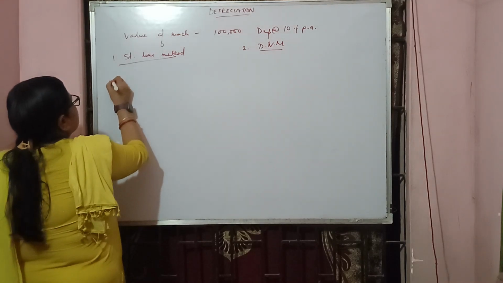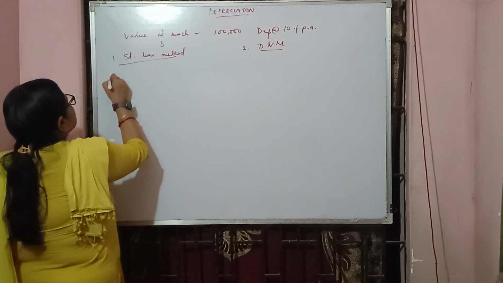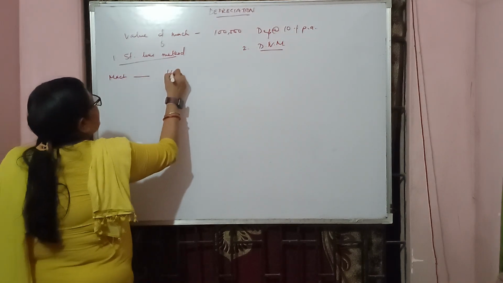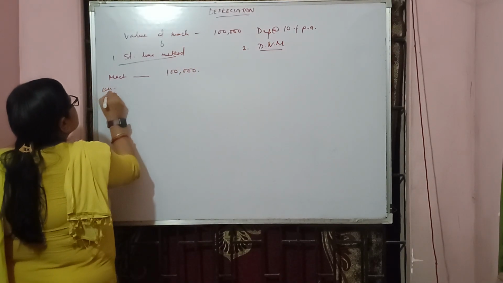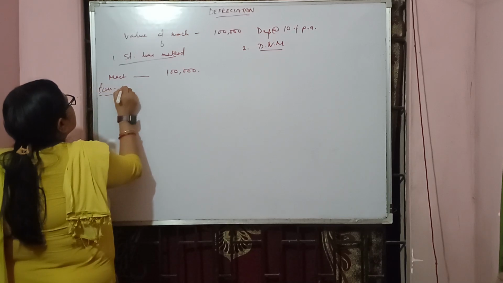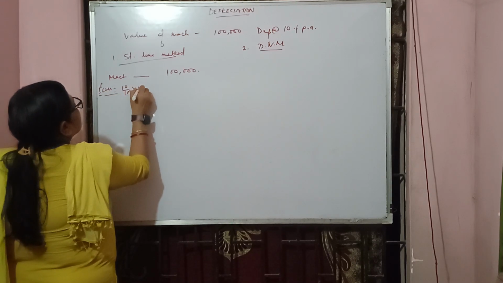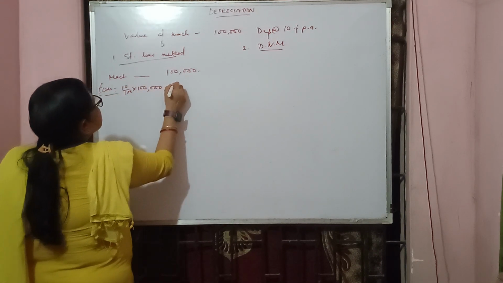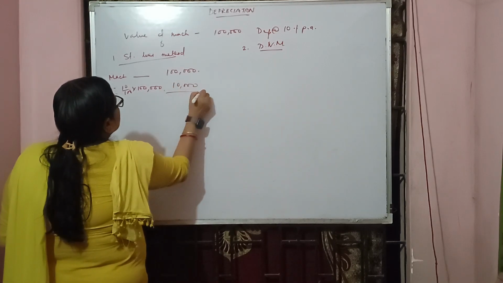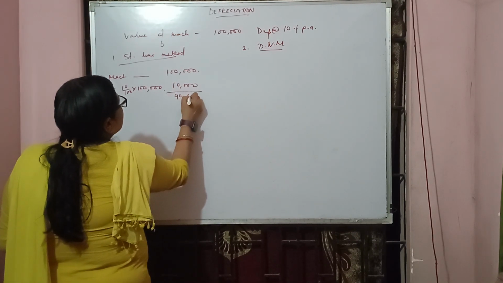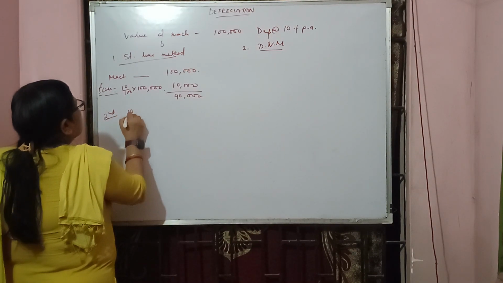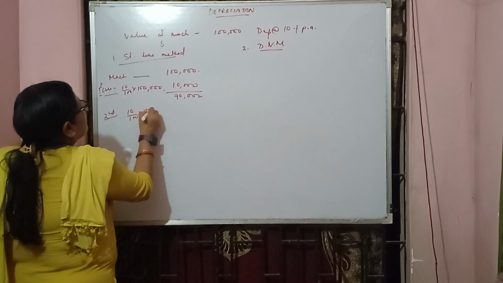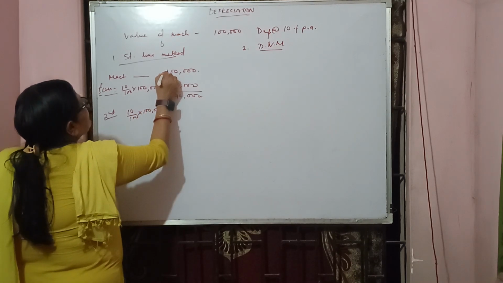In the straight line method, suppose the value of machinery is 1 lakh and depreciation is 10%. First year, how much will it be? 10 by 100 into 1 lakh, that is 10,000. So this is the book value present. Second year it is 10 by 100 into 1 lakh, because it's a straight line method.